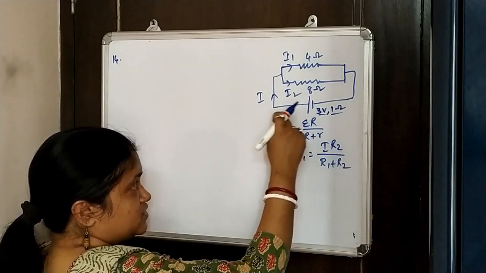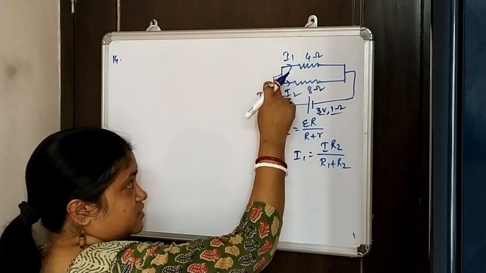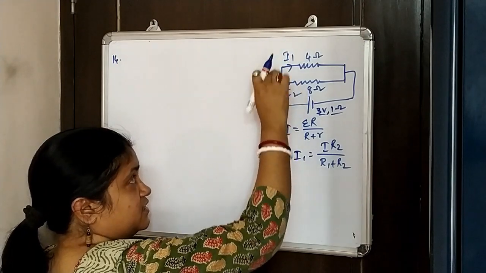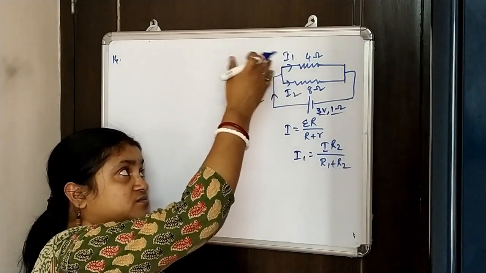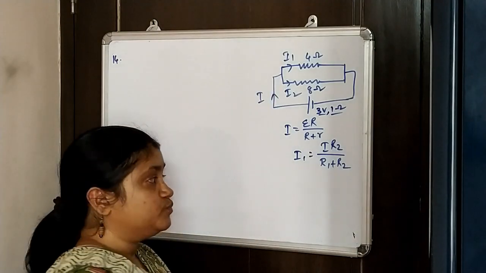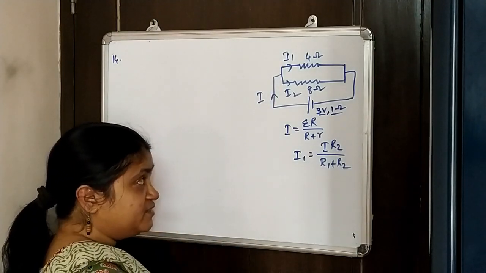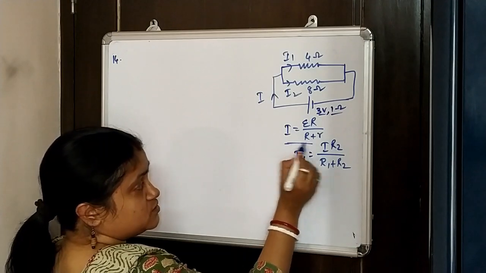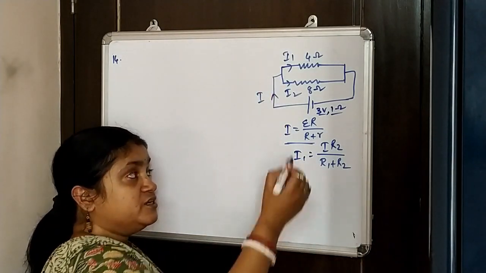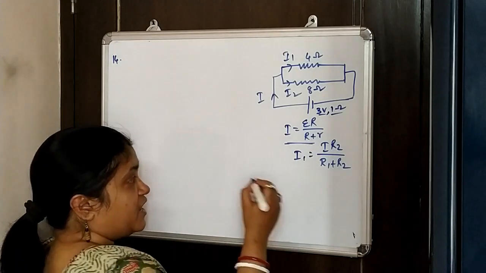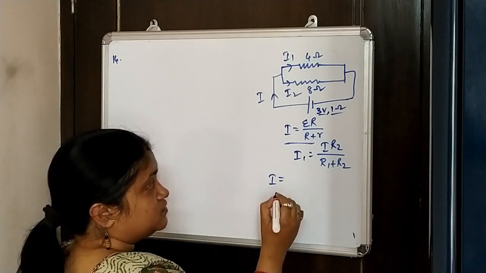So let's suppose the current I is flowing from here, and this current is getting divided into I1 and I2. So we need to find both I1 and I2. To find that, first we need to find the current that is flowing using this formula, and we just substitute it.